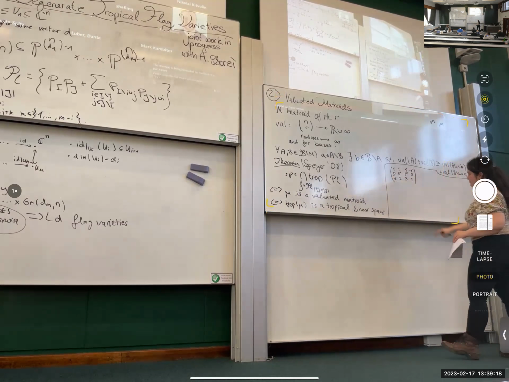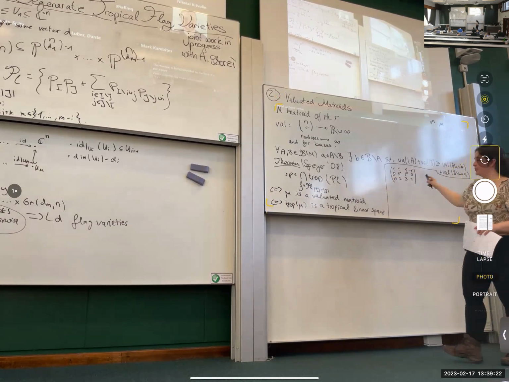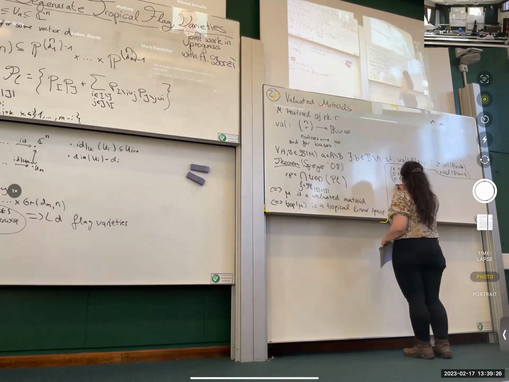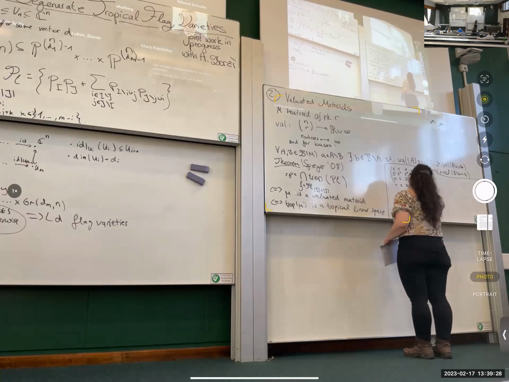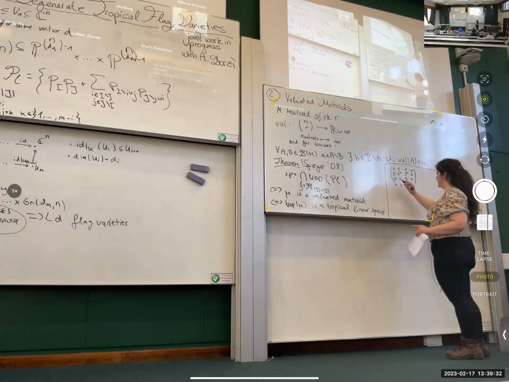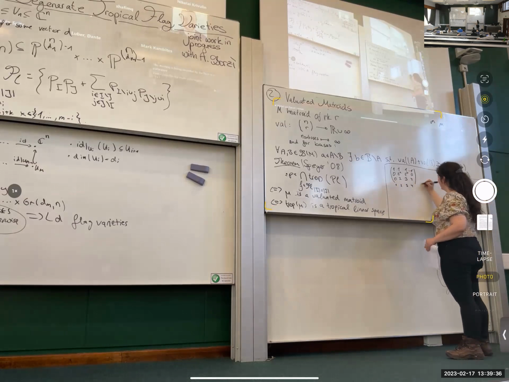Now you can find the Plücker relations and the bases that correspond to this by taking the minors. So we look at which columns we have in our matrix and we compute each minor. And I computed it beforehand at some point.